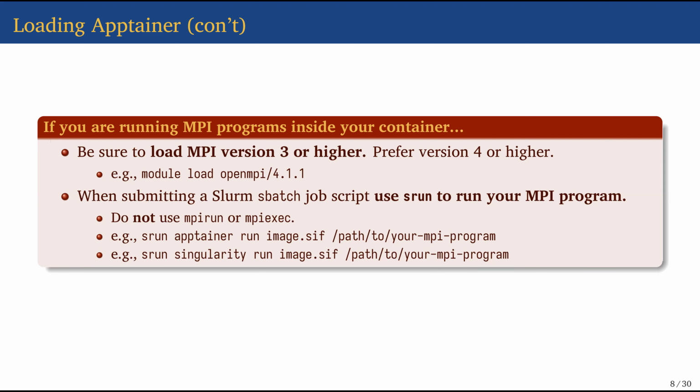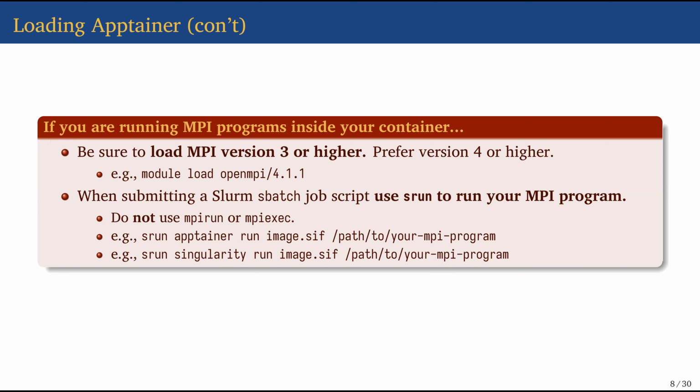So if you have an MPI program, make sure outside the container, you load MPI version 3 or higher. And I strongly recommend using the latest version of MPI available, so MPI version 4, load that. Even if inside the container you're using a different version of MPI, load that outside the container, okay?